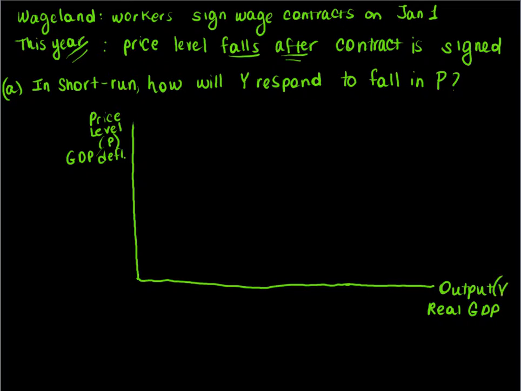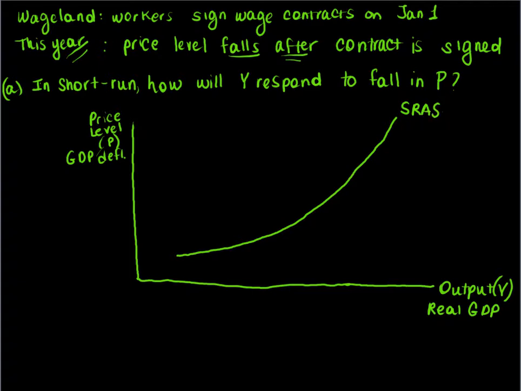My next step is I'm going to draw a short run aggregate supply curve, which looks just like our supply curve for a one good market. This is my short run aggregate supply curve, the first one.